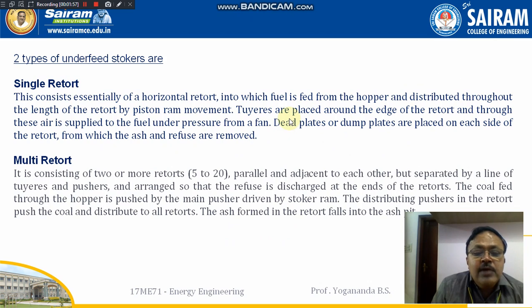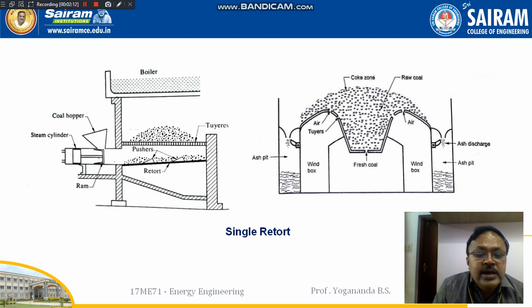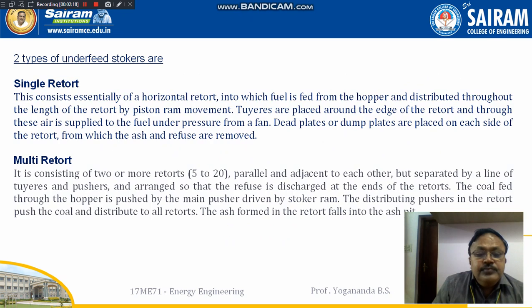We have the tuyeres placed around the edge of the retort, and through these tuyeres air is supplied to the fuel under pressure from the fan. So under the edge of the retort you have the tuyeres here.